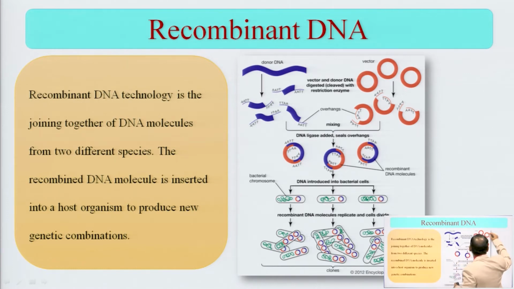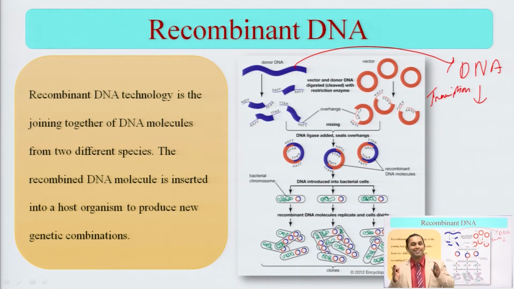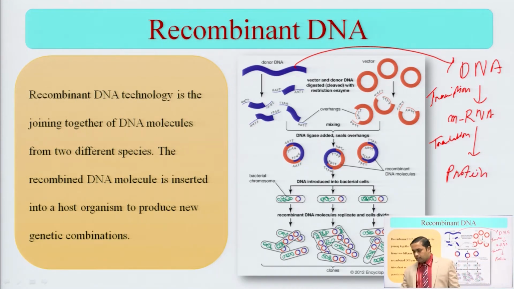Because one thing is very clear to you all: DNA, after transcription, gives us mRNA, messenger ribonucleic acid. From that messenger ribonucleic acid, after translation, we get protein. This is your gene of interest, or your DNA of interest.